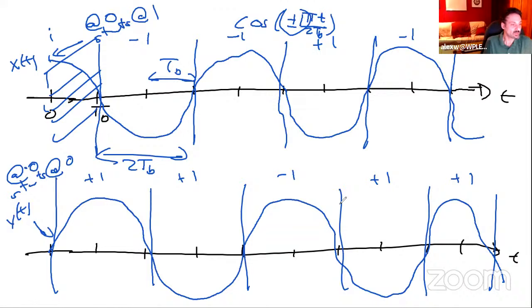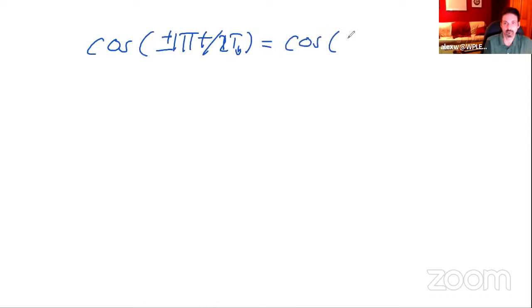This is actually kind of confusing. What is cosine plus or minus 1 over 2 TB equal to? Doesn't matter, right? That's kind of a problem.